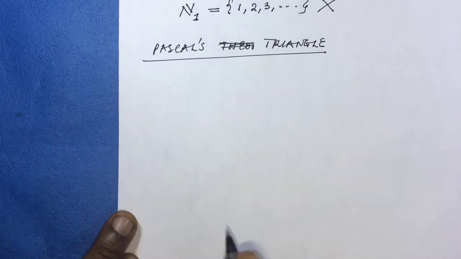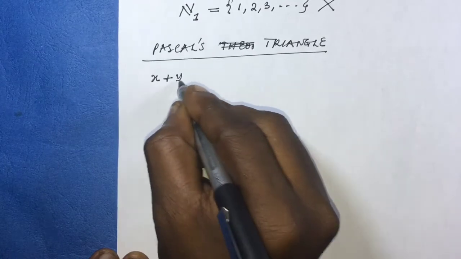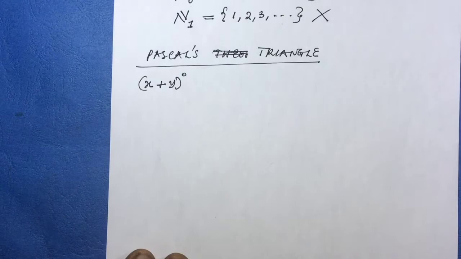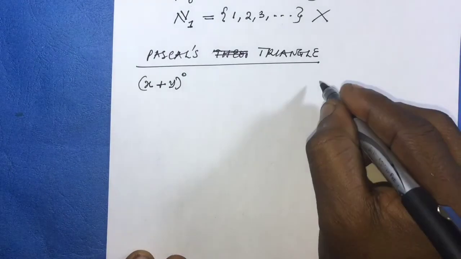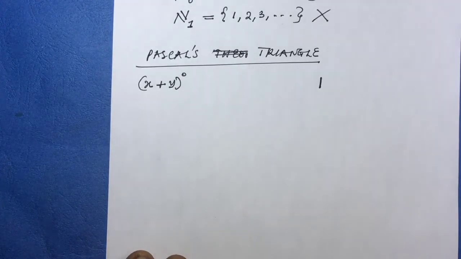So let us start with taking a simple problem, x plus y raised to power 0. x plus y raised to power 0, according to Pascal's triangle, would have only one term having a coefficient 1.